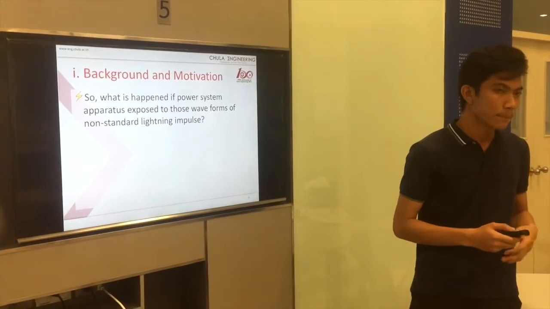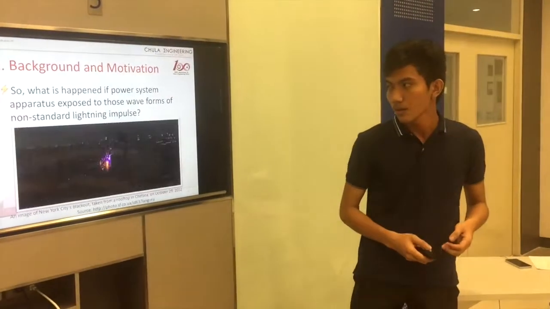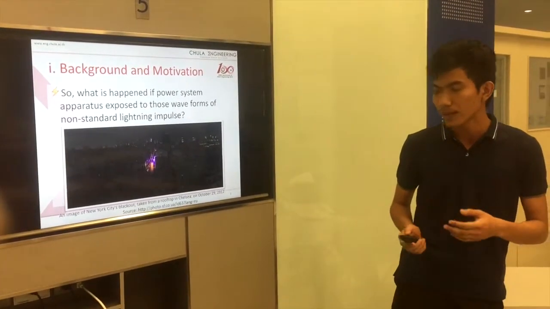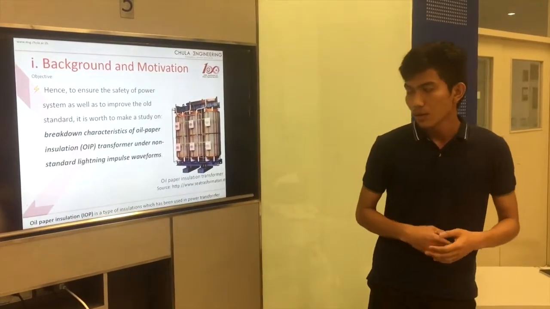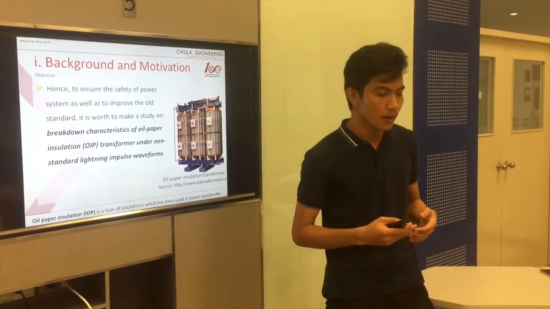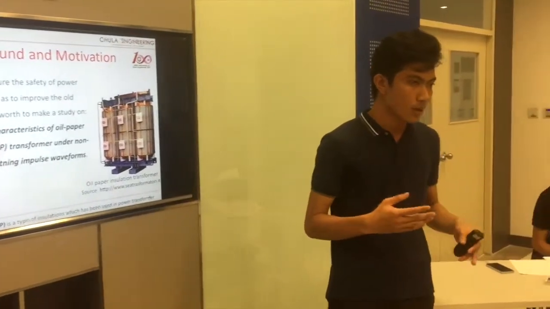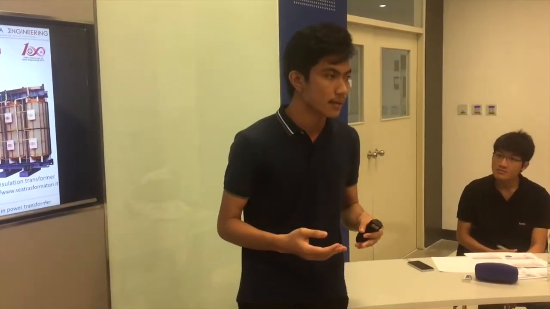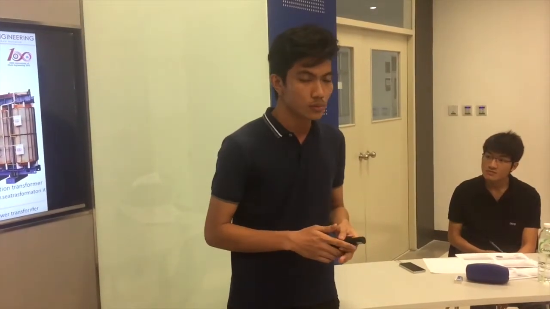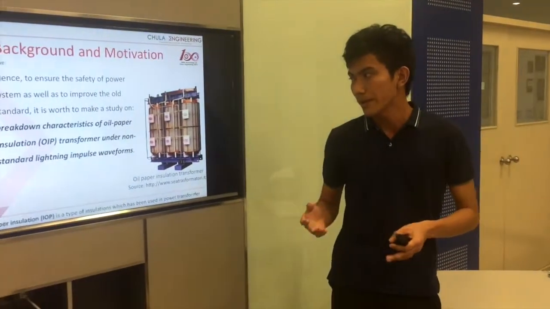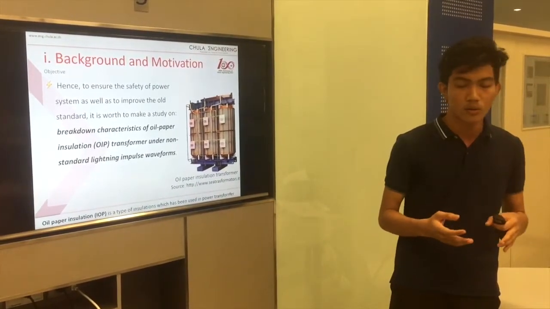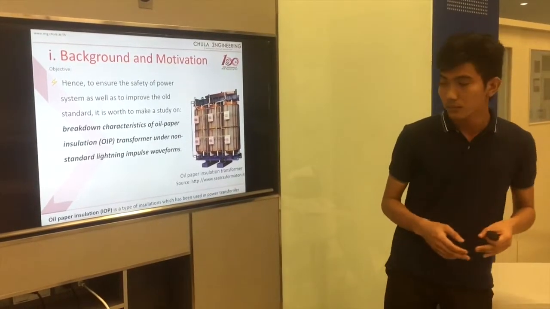In most cases, the power system can face a blackout, and the city will look like that. So, to ensure the safety of the power system as well as to improve the standard already used by IEC, it's essential to study the breakdown characteristic of oil-paper insulation transformers under non-standard lightning waveforms.